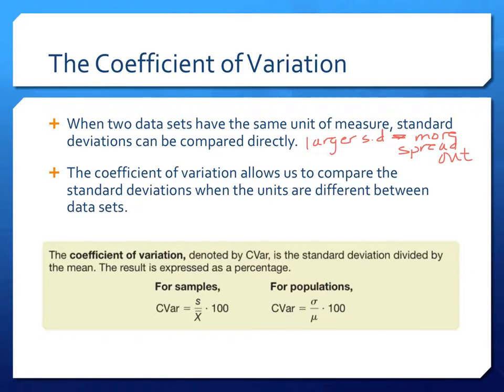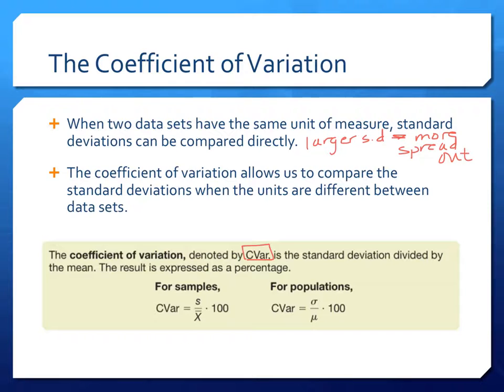Okay. However, if you happen to have two data sets that do not have the same unit of measure, you cannot just compare the two standard deviations. You have to use something called the coefficient of variation. Now, this is denoted as C-V-A-R, capital C, capital V-A-R. That is the notation for the coefficient of variation. And the way it is calculated is actually really easy. So it has two formulas, one for samples, one for populations.